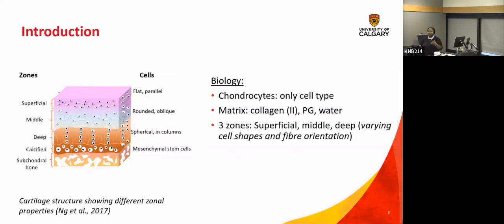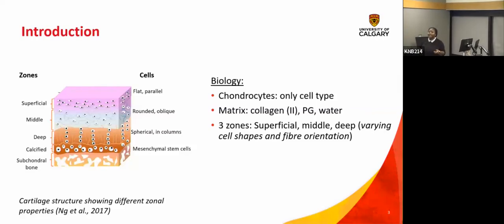So when you think about the chondrocytes, which are the only cell type in the tissue, it's quite important when we study the role of the chondrocytes because they've been known to regulate and modify the extracellular matrix and really just try to keep that homeostatic environment that we have in the tissue. And the matrix is made up mainly of type 2 collagen, proteoglycans like aggrecan, and a lot of water.